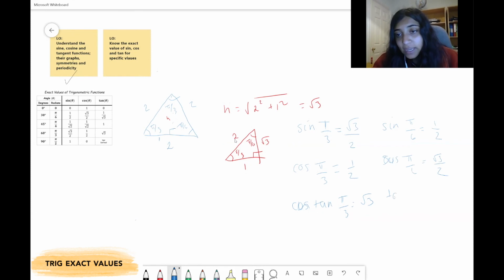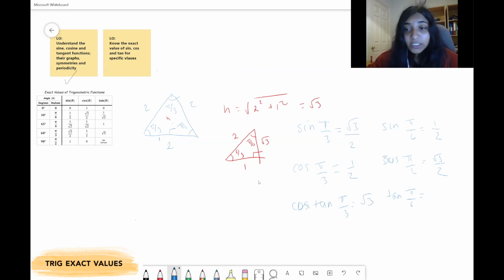Then if we do tan of pi over 6, that's TOA, so opposite over adjacent. Now you've got to be really careful, because we're doing this angle, so now the right angle is here, so root 3 is now the adjacent and the side 1 is now the opposite.